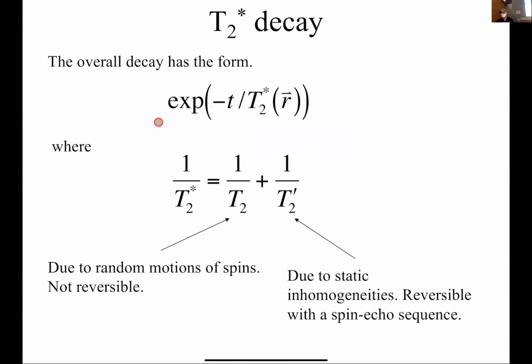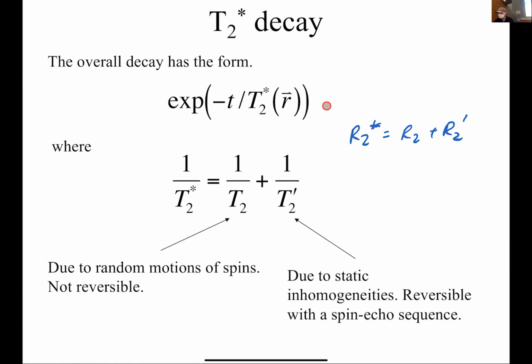And so the way we represent that is we introduce something new called T2 star, which is our effective relaxation time constant. This could also be written as R2 star equals R2 plus R2 prime in terms of rates. So it just means we have a certain rate that's due to random motion, and we add to that an additional rate that's due to these static inhomogeneities, and then the overall is R2 star.